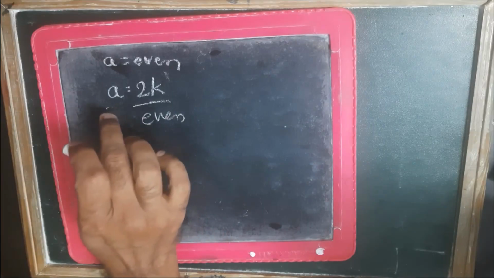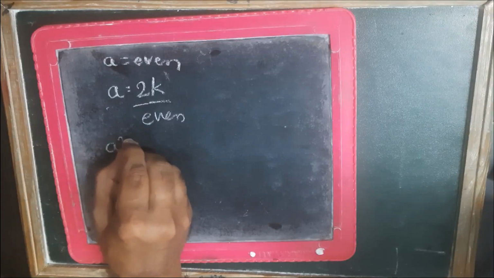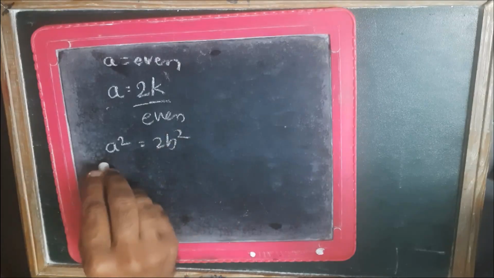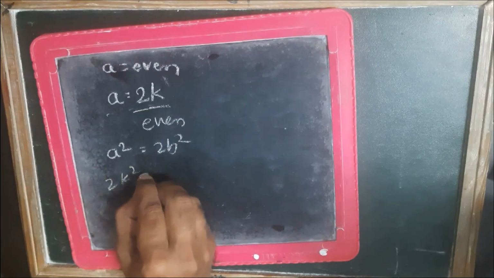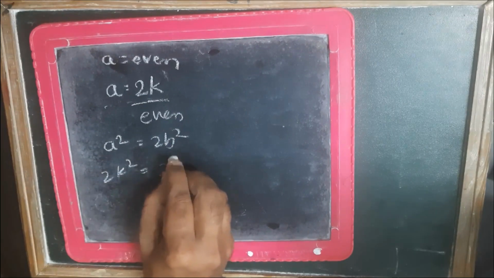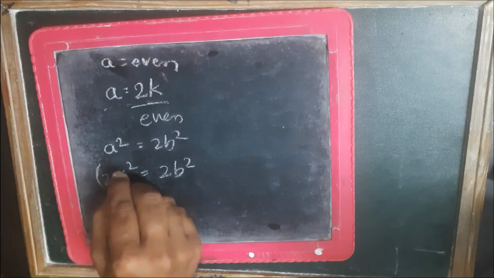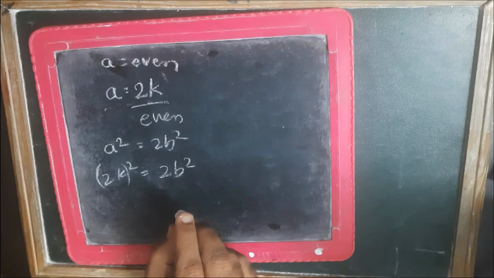Now substitute a is equal to 2k in a square is equal to 2b square. So a is equal to 2k. Here (2k) square is equal to 2b square.